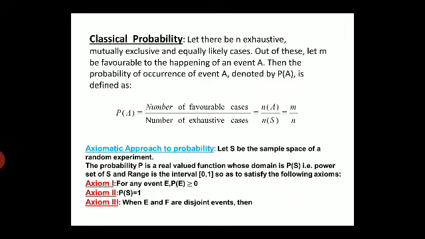Axiom 1, for any event E, probability of E is greater than or equal to 0. Axiom 2, probability of S is equal to 1. Axiom 3, when E and F are disjoint events, then probability of E union F equals probability E plus probability F.